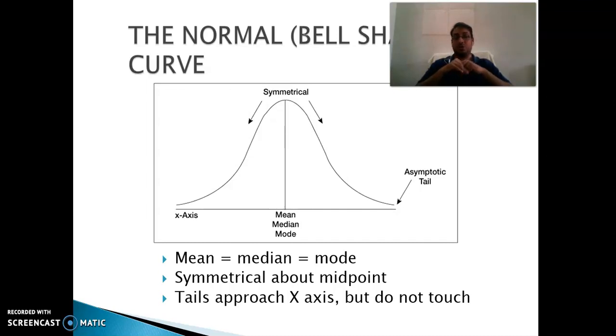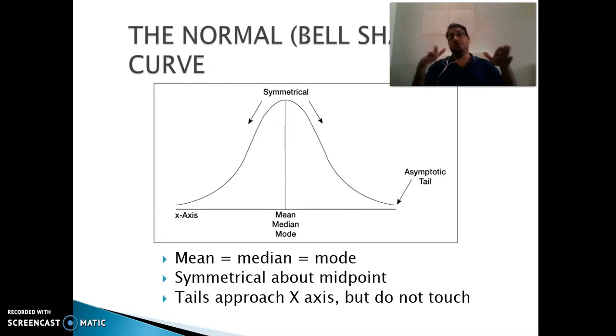The two halves of the normal curve always mirror one another. Mean equals median equals mode.